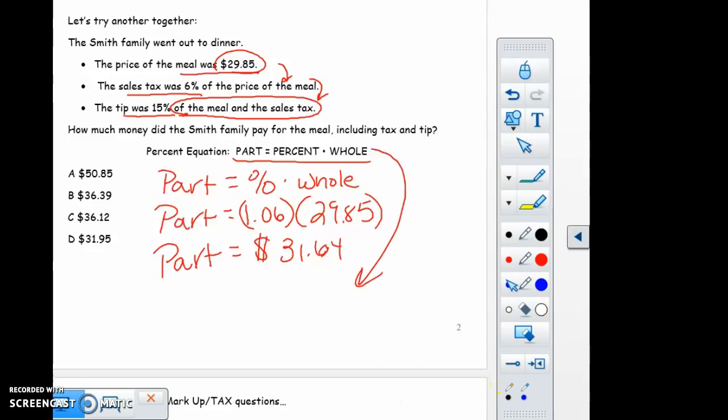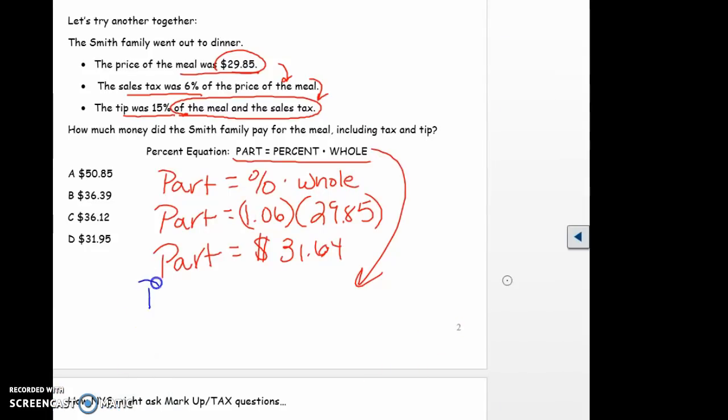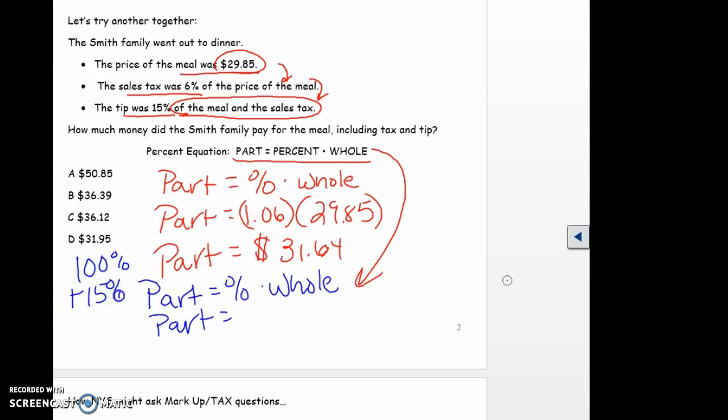Now we're going to do this all again, and I'm going to change the color of my marker. We have to find now the tip. So it's part equals percent times the whole. Part equals, now this time it's 15% extra. So remember, you were paying 100% plus 15% more.